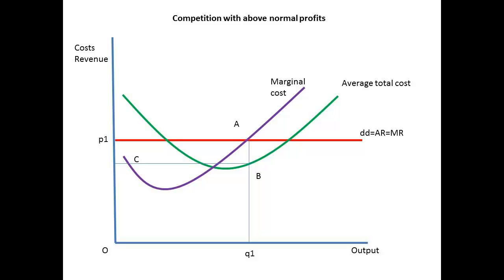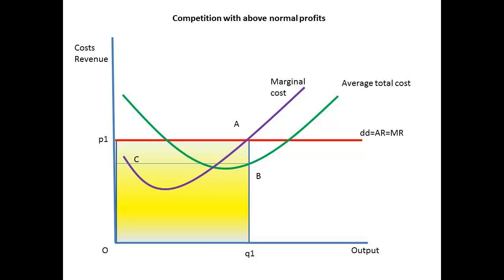Total cost is equal to average cost multiplied by quantity. So I can show my total cost as being the rectangle OCBQ1. I have shaded this to show it more clearly. An important point to bear in mind here is that the cost curves already incorporate an allowance for normal profit.